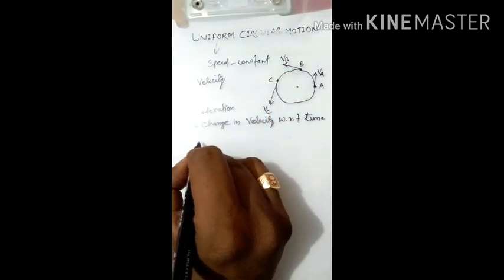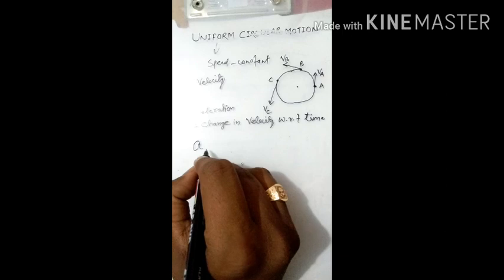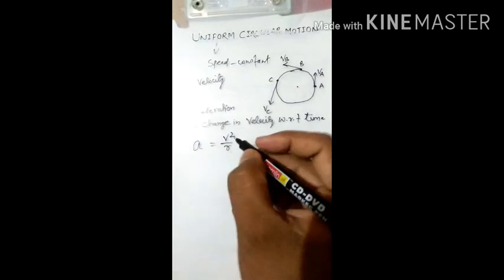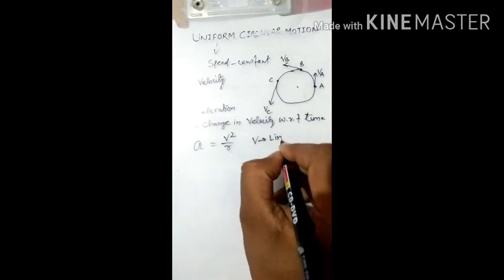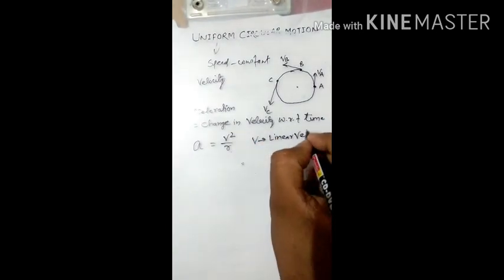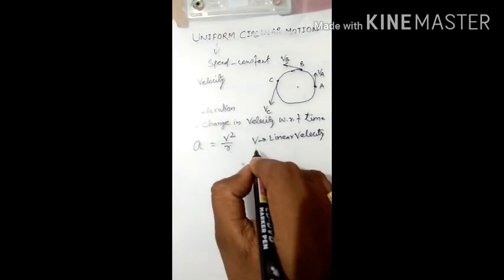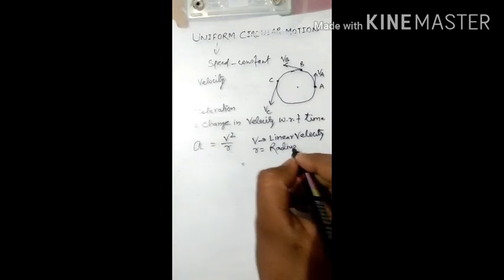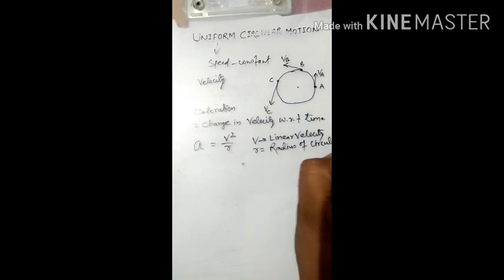and the magnitude of acceleration is represented by v square upon r. Here v is the linear velocity of the particle and r is the radius of the circular path.